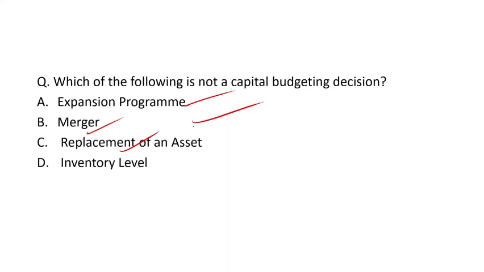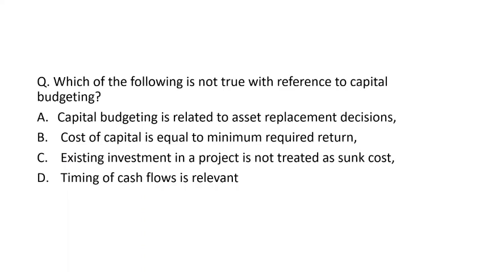Replacement of assets: suppose you want to replace your land or machinery, this will also need a large amount of money. So these three are part of capital budgeting, but inventory level is not associated with it. So option D, inventory level, is the right answer.